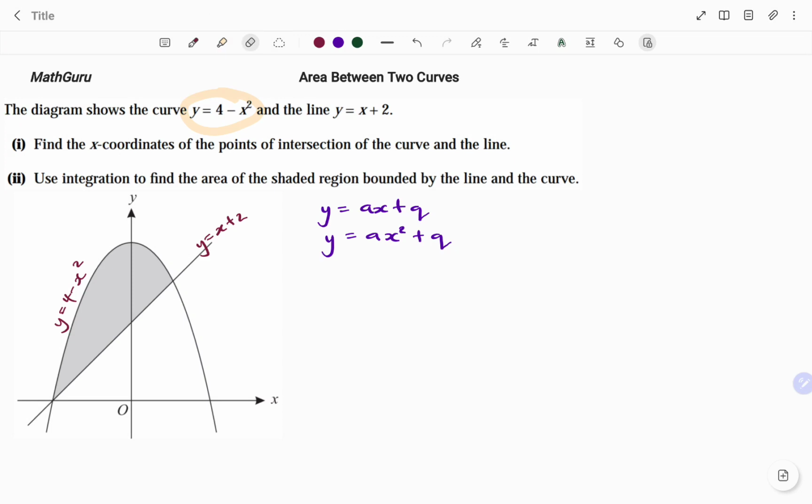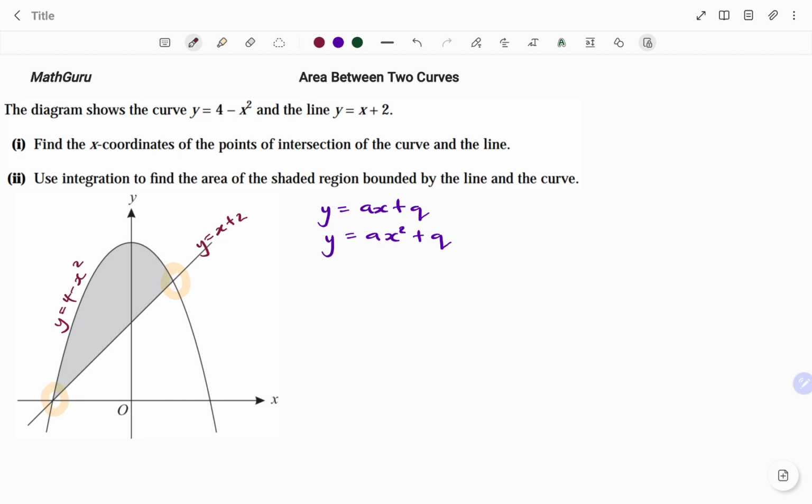The first part of the question says we should find the coordinates of the points of intersection of the curve and the line. At the point of intersection, the coordinates of the two graphs are the same. So we have the two graphs sharing the same coordinates, x and y, at the points highlighted.